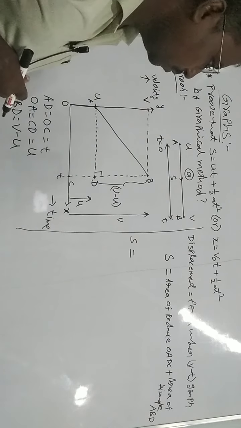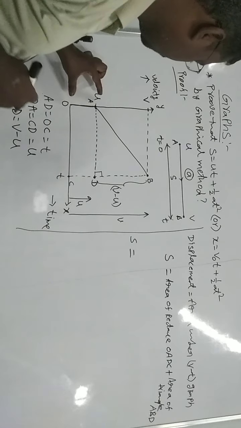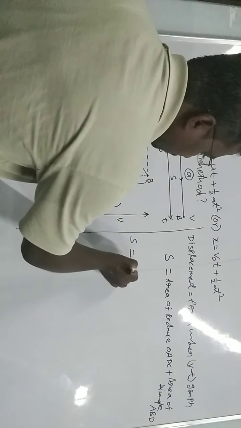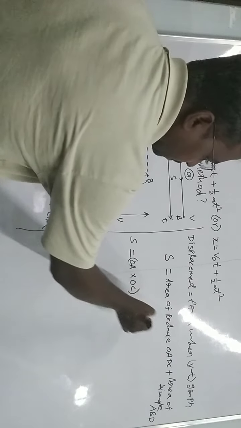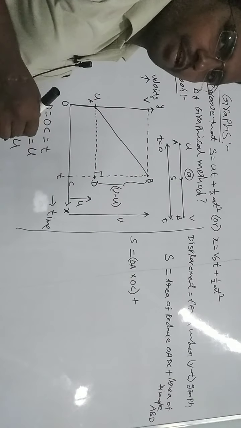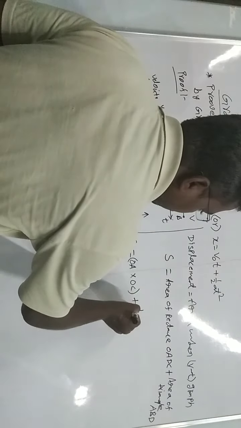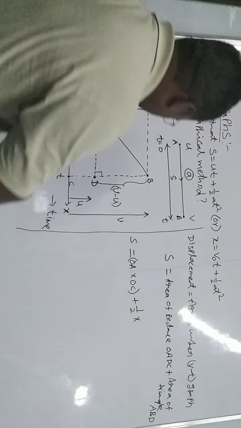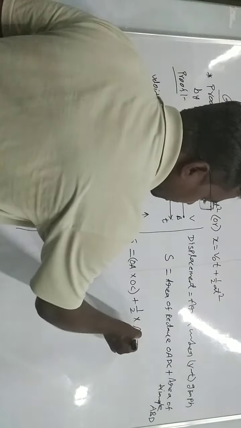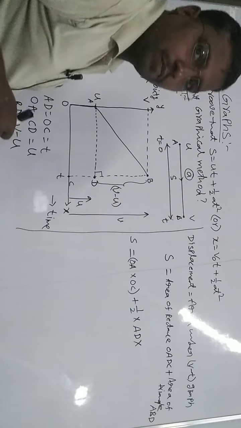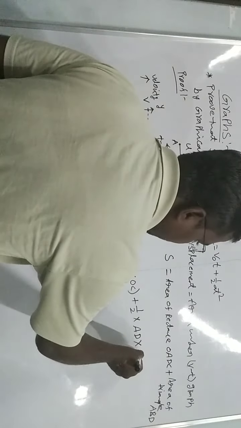Okay students, now the area of rectangle is length into breadth, or breadth into length. Breadth means OA, into length OC. Next, plus the area of triangle. The area of triangle formula is half into base into height. In triangle ABD, the base is AD and the height is BD.